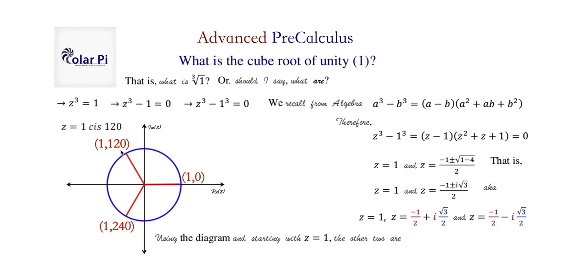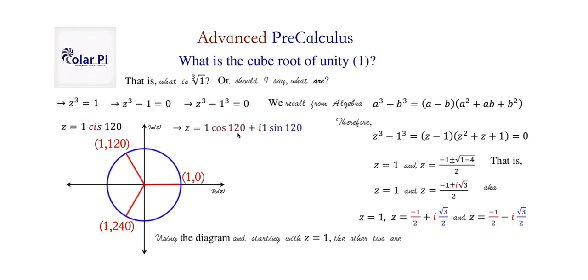That's the r and that's the theta, in r cis theta form. And so 1 cis 120 is going to be 1 times cosine 120 plus i times sine 120, so we distribute the 1 to cosine 120 plus i times sine 120. That's what this abbreviation says.